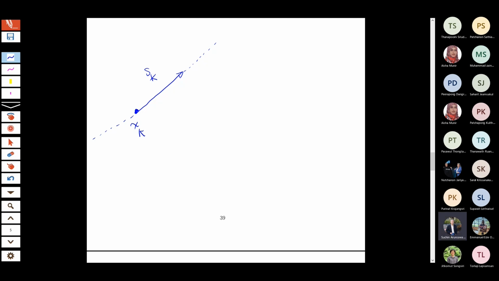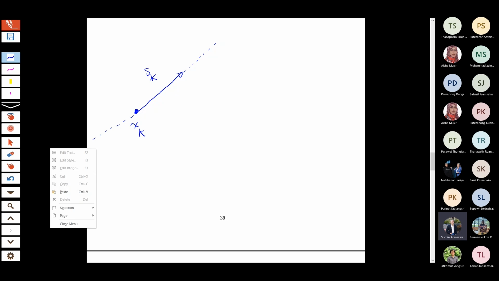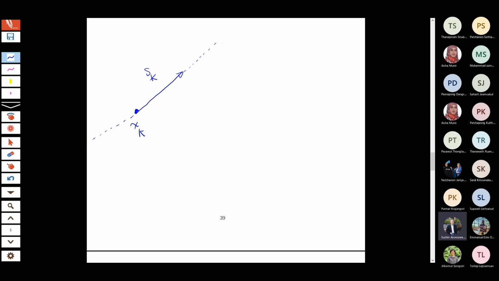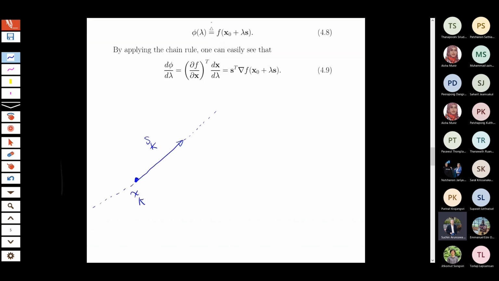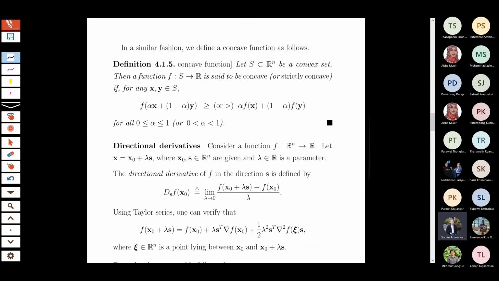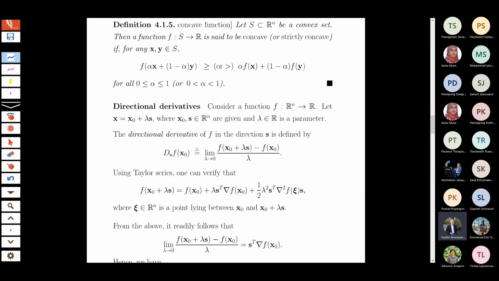When we move along the direction sk, we want to know the derivative of the objective function in that particular direction. This is not a derivative in the whole Rn space, but a derivative in only one direction, and this is why we are interested in the directional derivative.